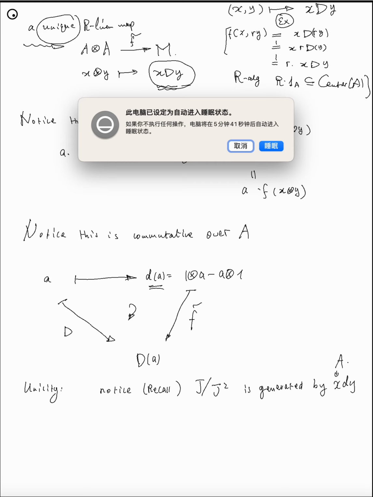So the image of dy is unique, and this is A-linear. So F tilde is unique over the generators of J over J squared, so it's unique over J over J squared.